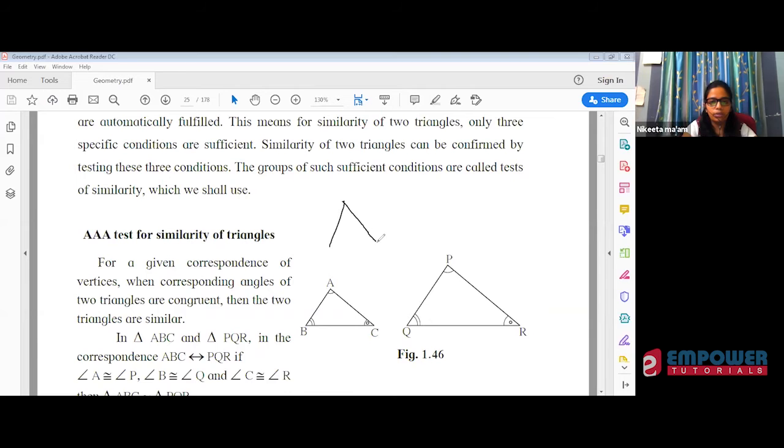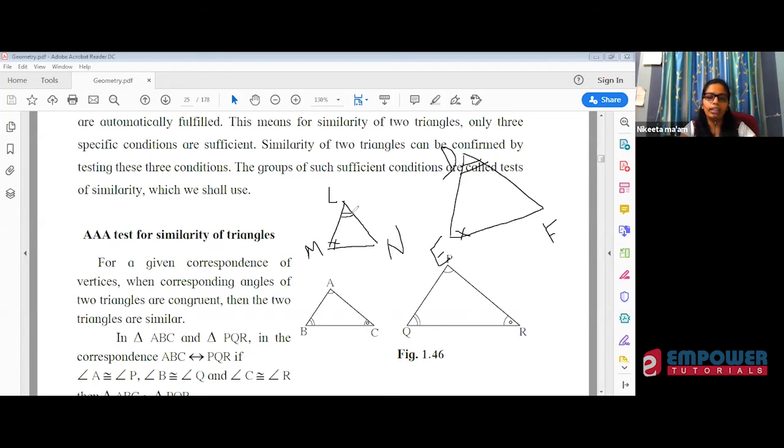Okay, so this is triangle LMN, and this is triangle, let's say DEF. Now angle L is congruent to angle D, and angle M is congruent to angle E.